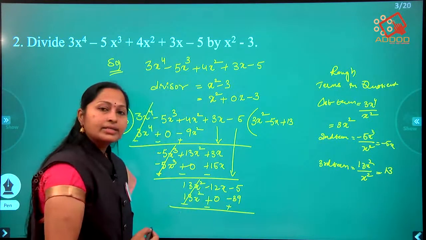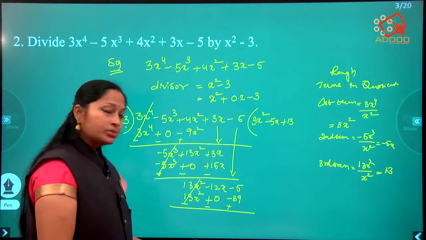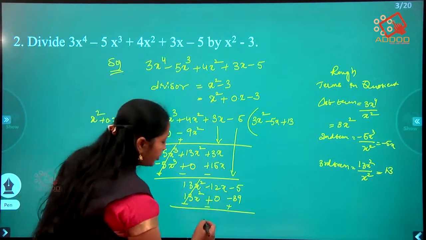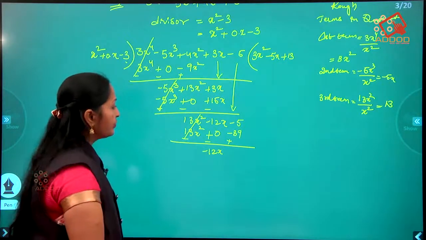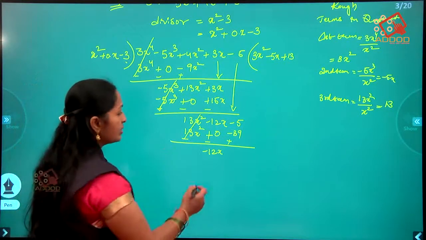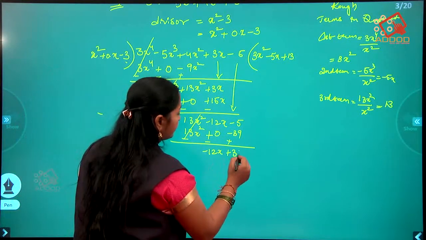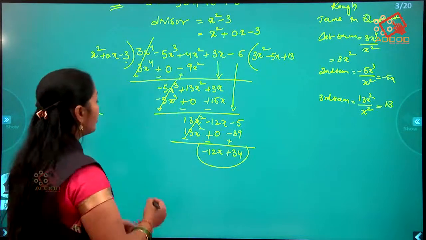Plus 13x square and minus 13x square becomes 0. Okay students, now minus 12x plus 0 becomes minus 12x. Here minus 5, minus 5 plus 39 is plus 34. Okay, this is the remainder. So what did we get here?